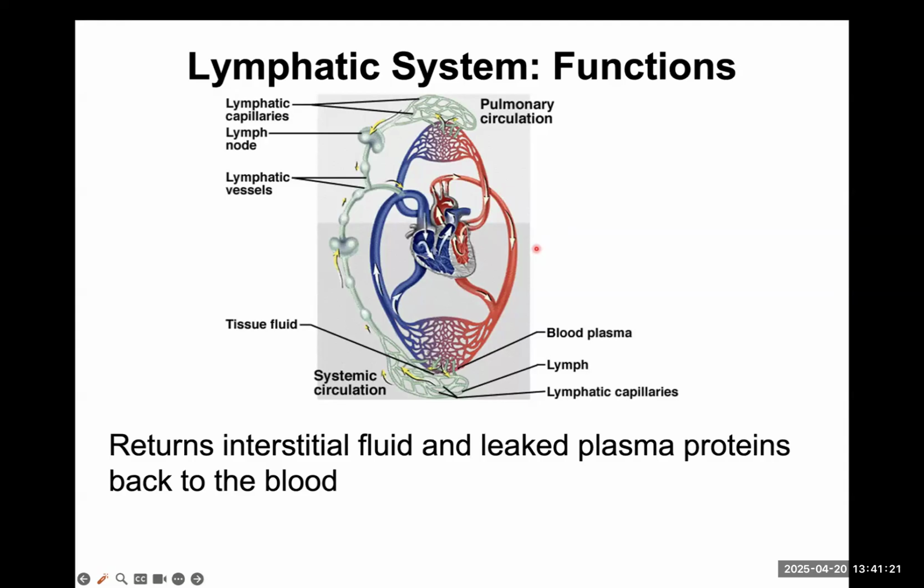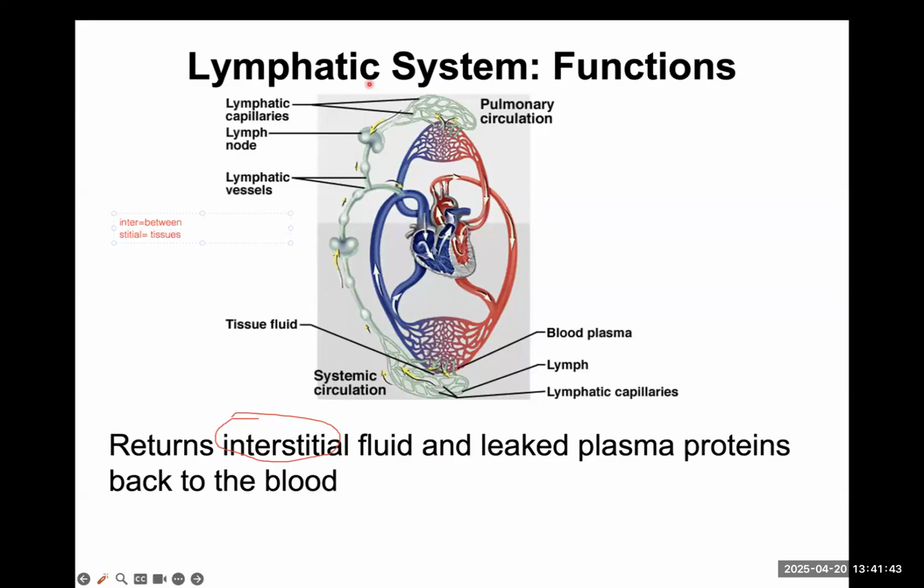That's why the fluid is called interstitial fluid. The word inter means between, and stitial in this case means tissues.